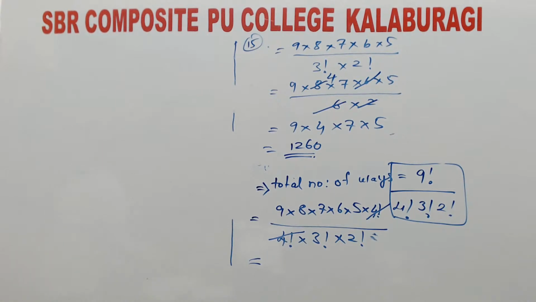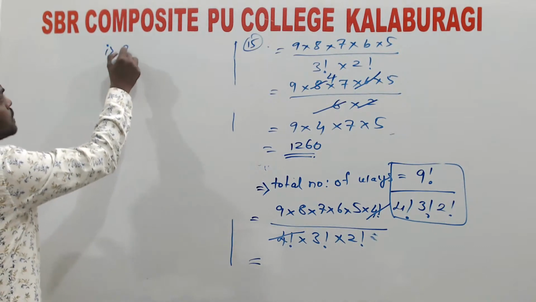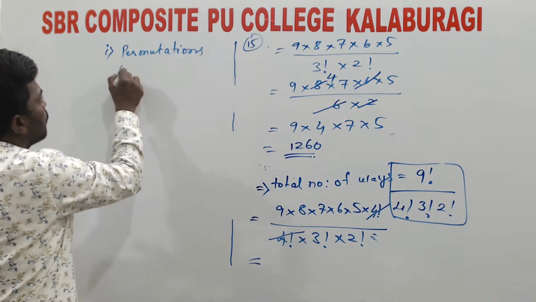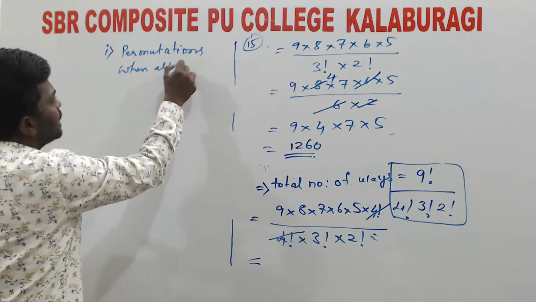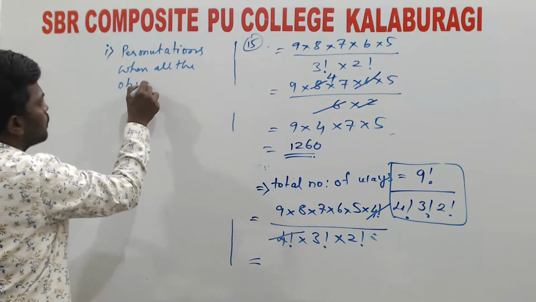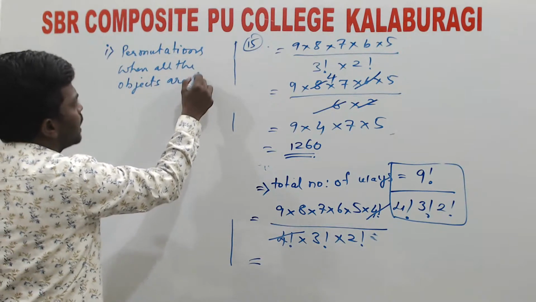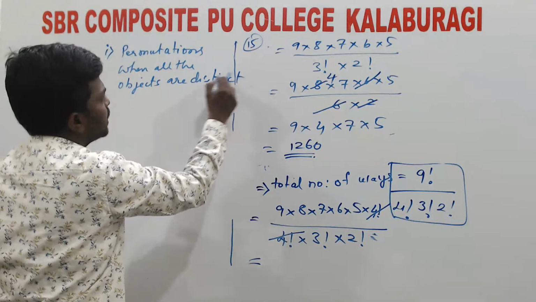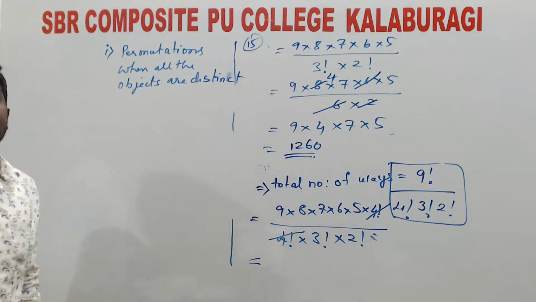Okay. So I'll just recall what we have studied. Permutations when all the objects are distinct.